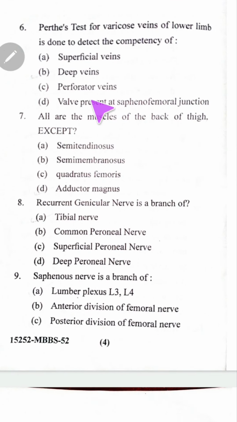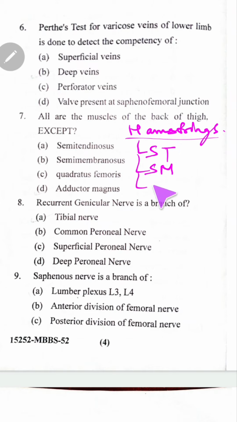Question number 7. All are the muscles of the back of thigh except this. I suppose it was a very easy type of question. They are asking about the hamstrings. There are 4 hamstrings: semitendinosus, semimembranosus, adductor magnus, remember the ischial head, or you can write it as vertical fibers of adductor magnus.